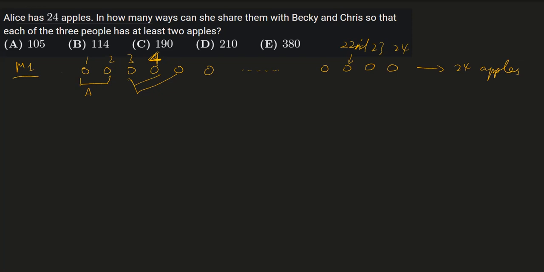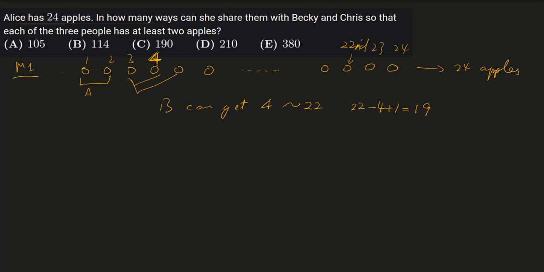So Becky can get from 4 all the way to the 22nd. So she has 22 minus 4 plus 1, that equals 19. So Becky has 19 choices.